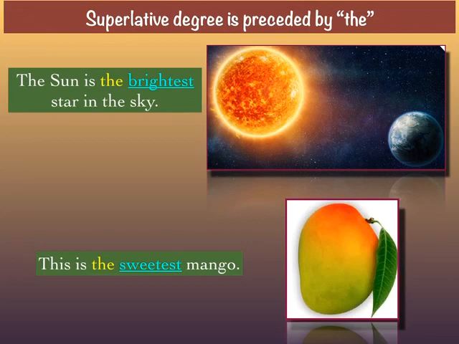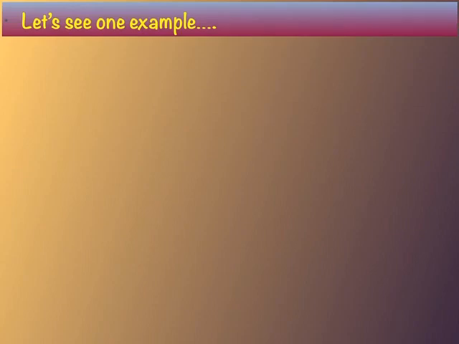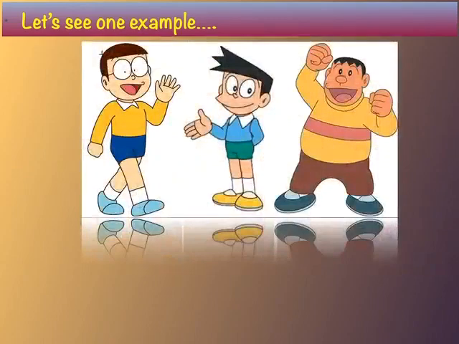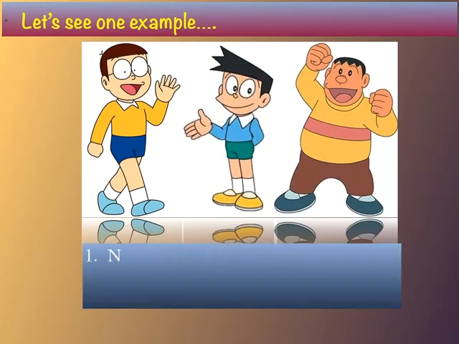So students, I hope that you have understood all the three degrees of adjective. So let's see one example related to all the three degrees. Here you can see the image of your favorite cartoon characters, that is Nobita, Suneo and Gian. So here Nobita is a fat boy.